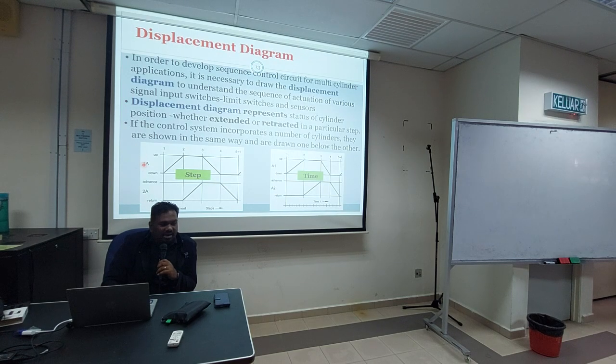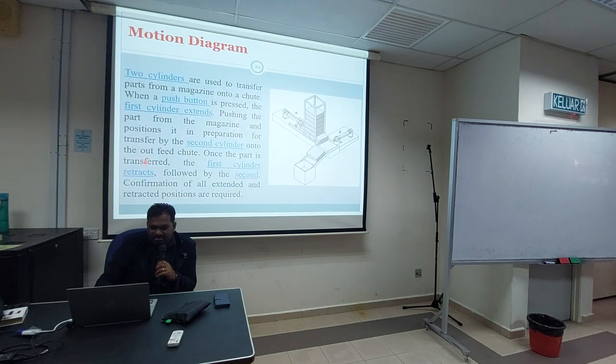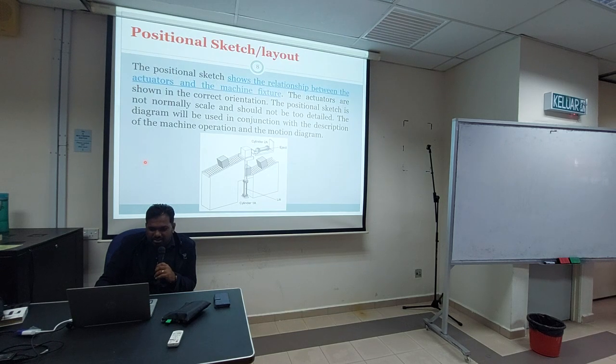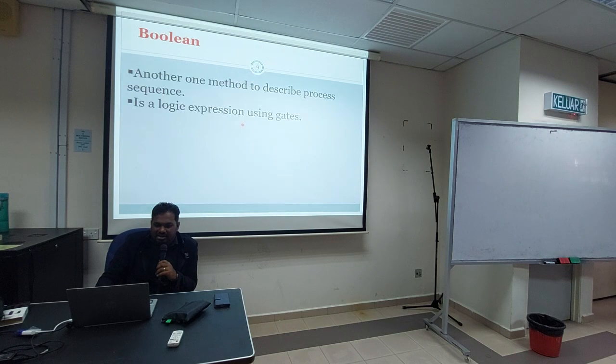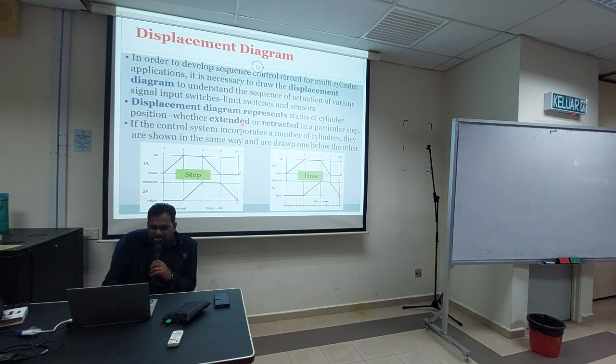So 1A adalah nama silinder, kan? Maybe dekat sini tak letak lah. So itu saya cakap kena namakan. So 1A dengan 2A ni adalah nama silinder. Okay, cylinder 1 and cylinder 2.